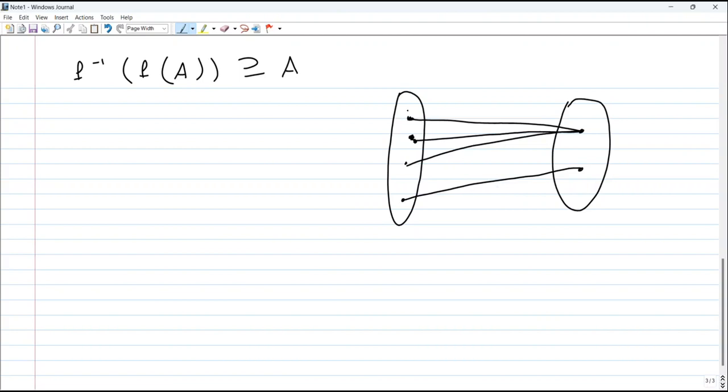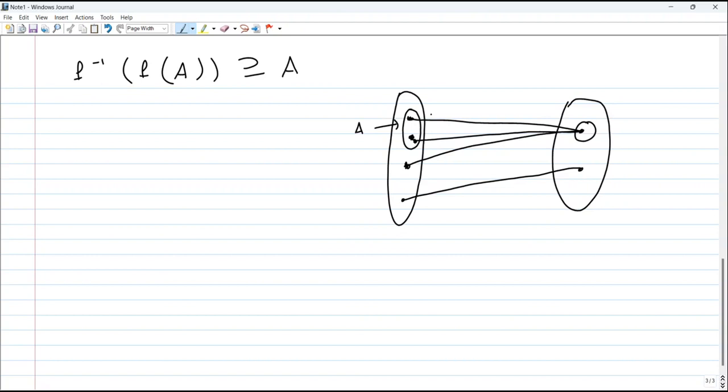Now, if your set A is just these two elements, what you will see is that if you take f of A, you will just get this element, right? But now if you look at the pre-image, yes, all the elements in A get mapped to that element, but you will see that there's one more element here that gets mapped to it.